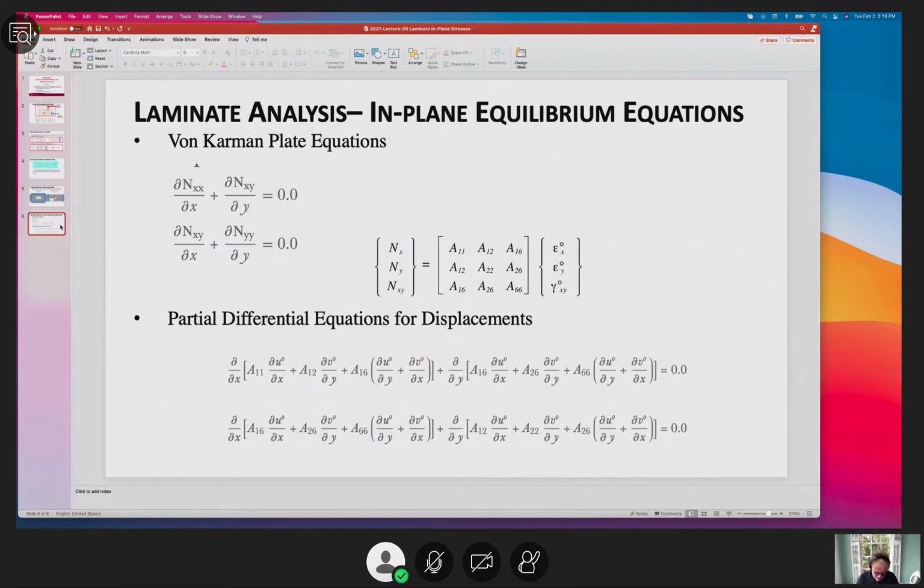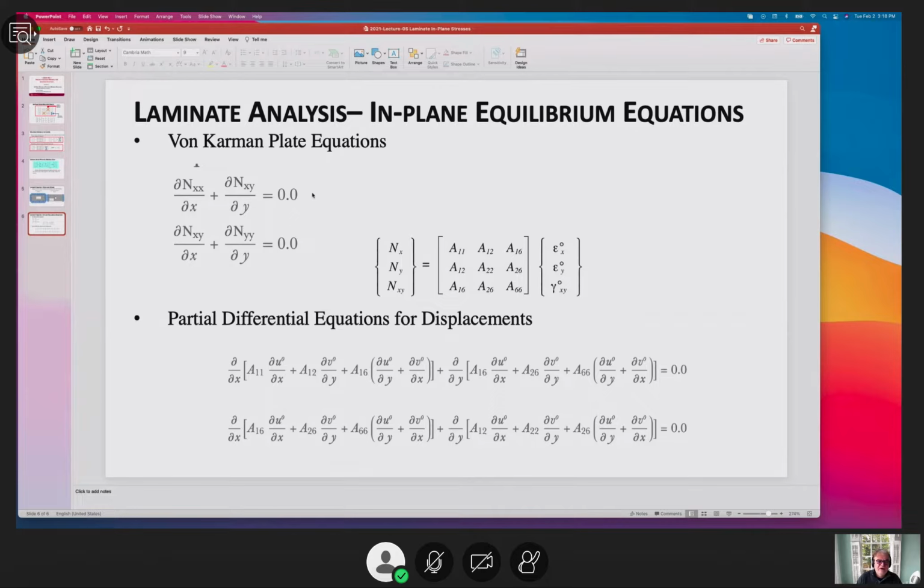simple, uncoupled, without bending, I mean, plate equations are these: the derivative of Nx, sometimes I use Nxx since I use Nxy and the other symbols. Nx and Nxx are the same thing in my notes and in my lectures. Variation of the Nx along the x direction plus variation of Nxy in the y direction must be equal to 0.